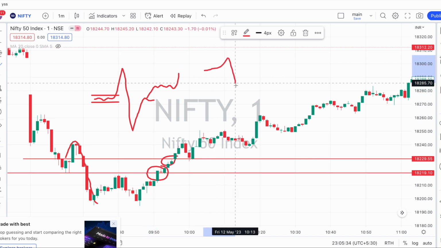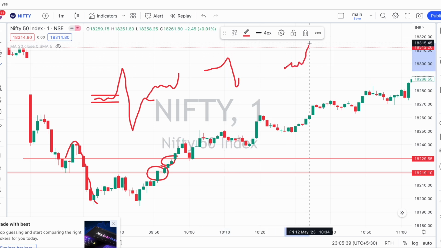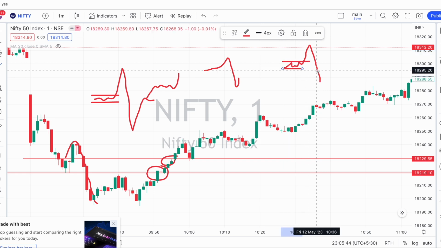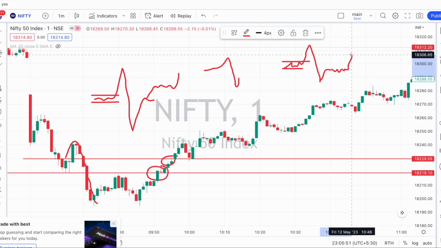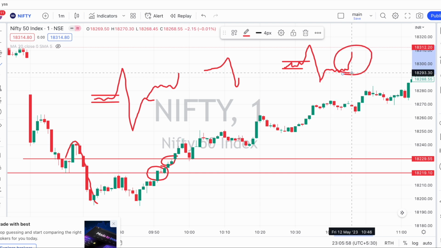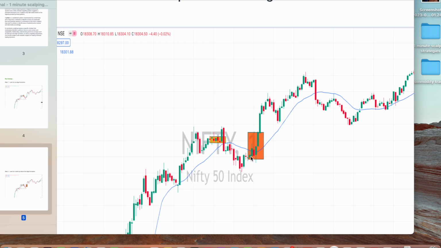Even if you see this kind of structure, with this high and this low, even if the build up is formed over here but the breakout closes above the high of the edge formation's build up, this is also considered valid. So in this picture you can see there was another build up formed and our step 2 became valid.